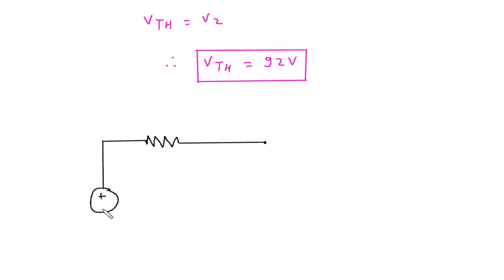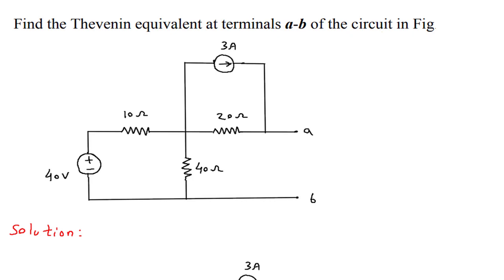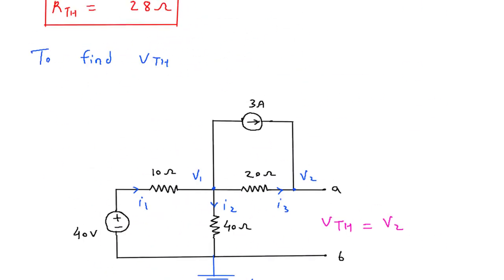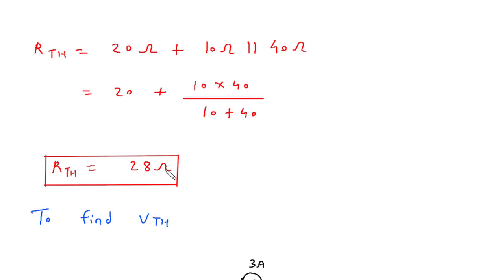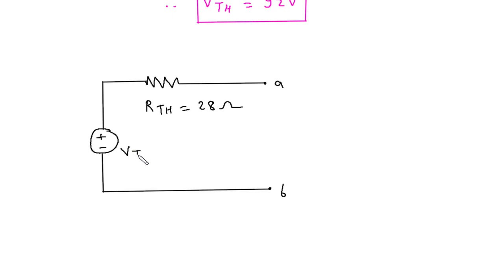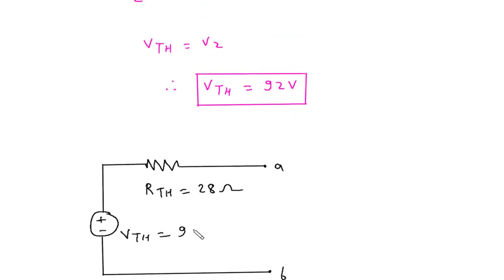This will be positive, this will be negative. This is terminal A and B. So this is A, this is B, this is RTh, which is equal to 28 ohm. And this is VTh, which is 92 volt.